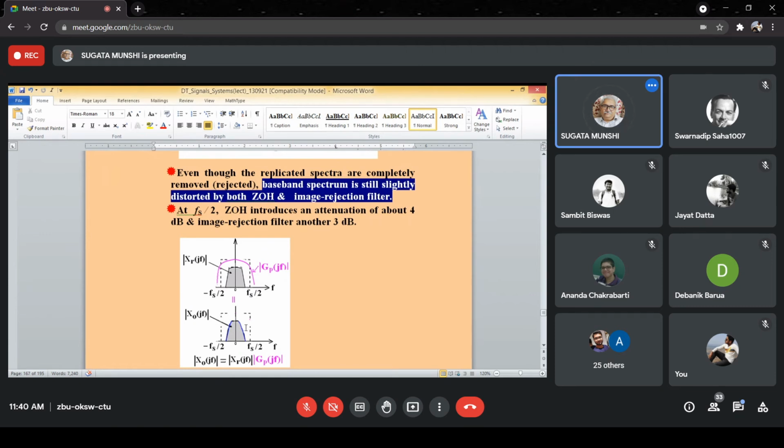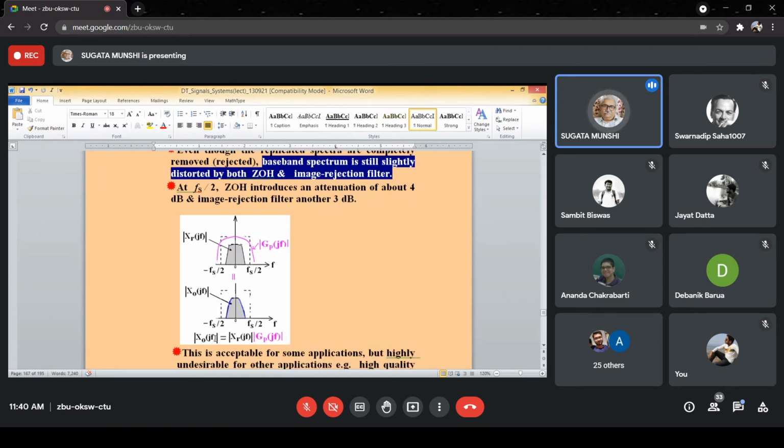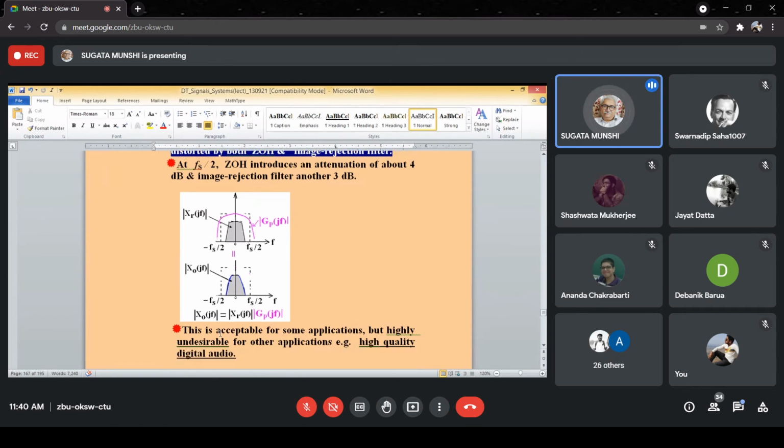So X naught O is the output of the low pass filter following the DAC. Now for certain applications, it will be acceptable; further improvement of the baseband spectrum is not required.